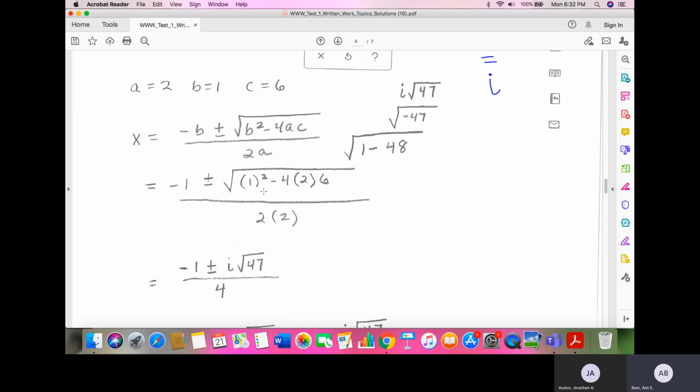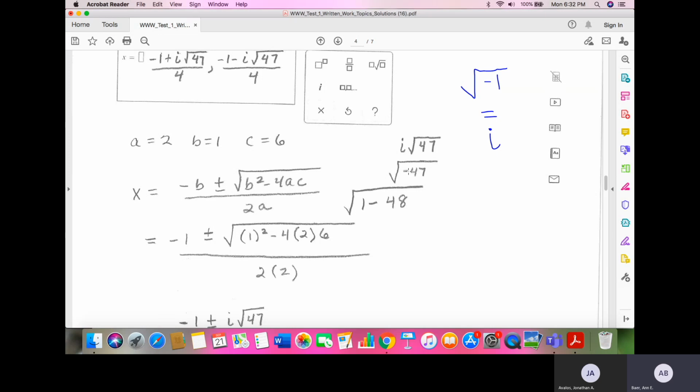So I'm going to work with the radicand, what's inside the radical. 1 times 1 is 1, minus 4 times 2 is 8, times 6 is 48. 1 minus 48 is -47.